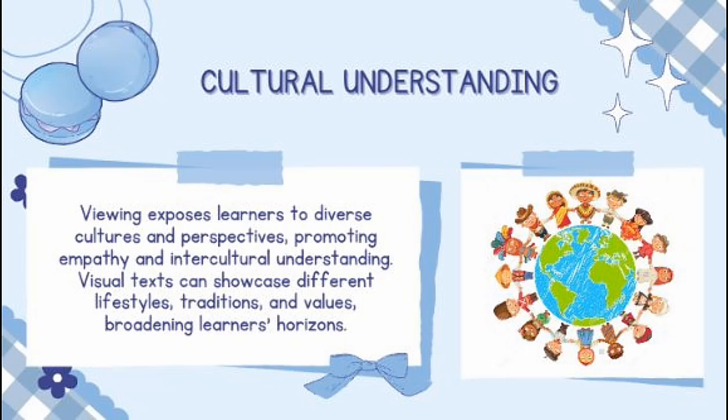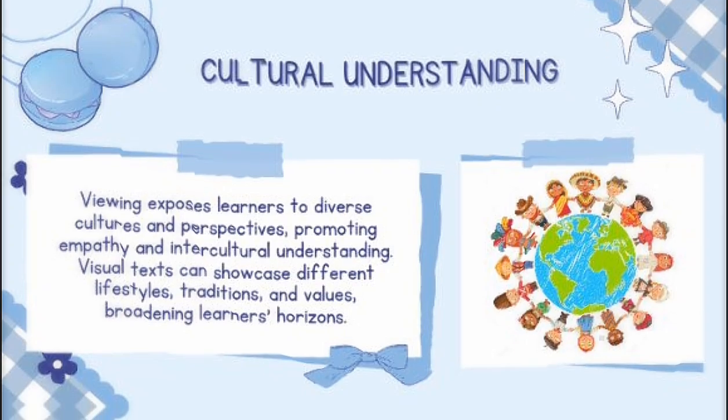We might see the colorful clothes, the decorations, and the special rituals. This gives us a glimpse into Indian culture and helps us appreciate their traditions. By experiencing different cultures through visual text, we become more open-minded and understanding of the world.